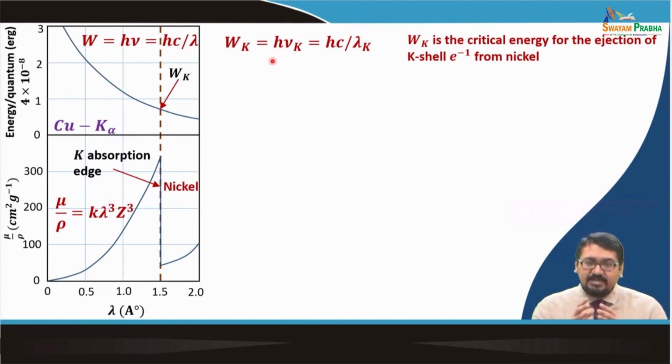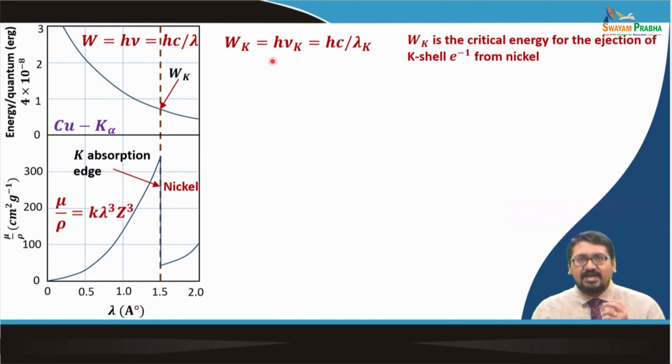So, at this particular lambda, when the energy is increased and lambda is decreasing slowly, and it is coming to this lambda, the energy becomes so high that at this critical energy, the K shell electron from the nickel could be ejected. So, an energy of such level, Wk, when it is incident on the nickel, is capable enough to eject a K shell electron from nickel.